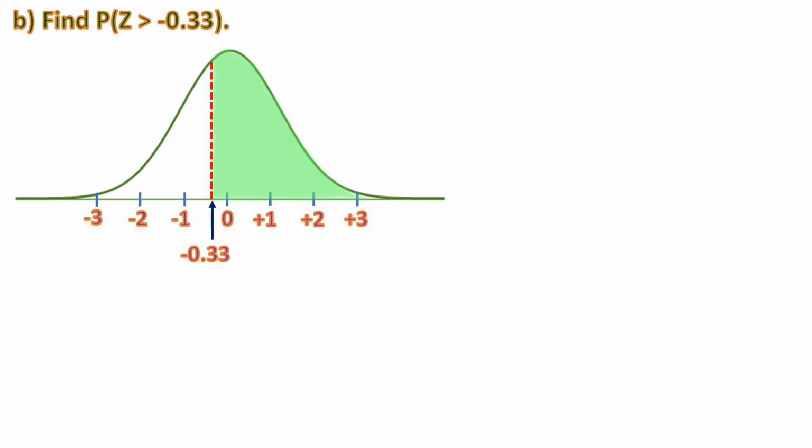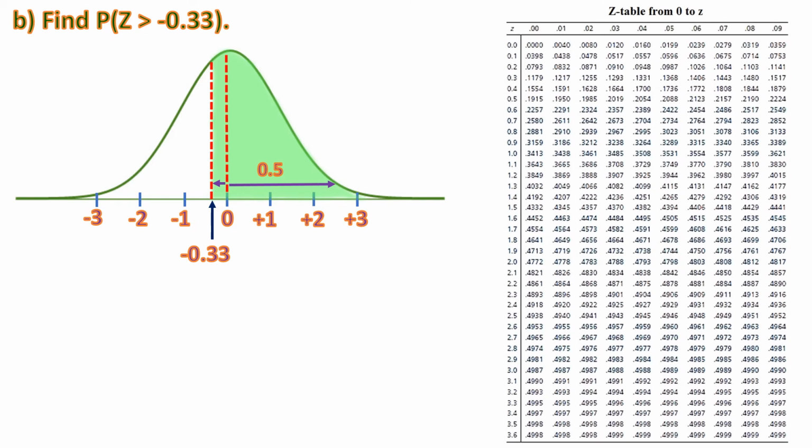Then let's put a line in the middle, to understand what areas we are going to find in the z table. So this is automatically 0.5, so you don't need to find that in the z table. But this part, we don't know, we're going to find it. And so let's use the z table, from 0 to 0.33. So we're going to locate 0.3, it's here, and 0.03 because it's 0.33.